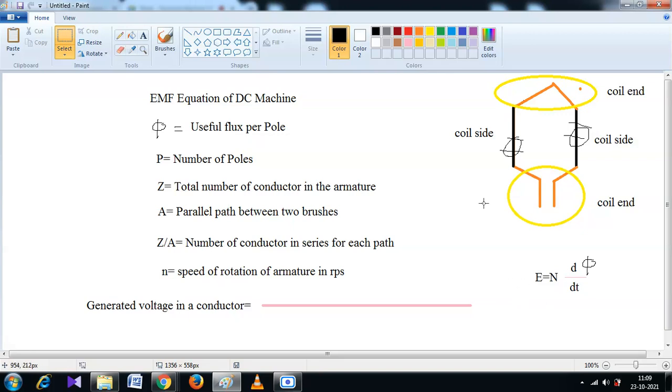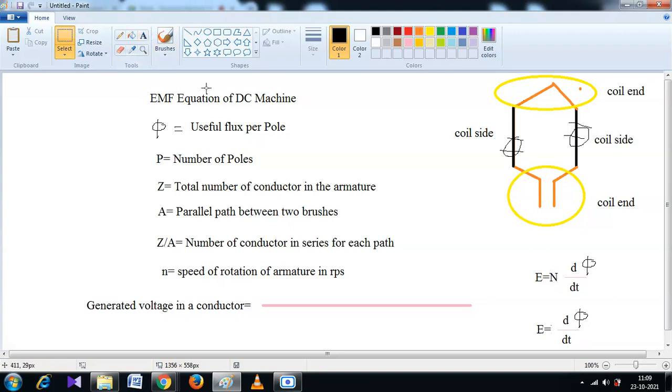Good. Then the equation becomes E is equal to d phi dt. Yes, sir. If the value of n is 1, then E is equal to d phi dt.